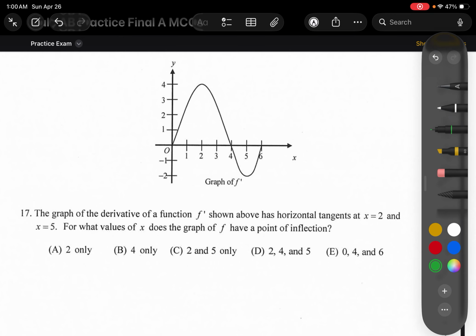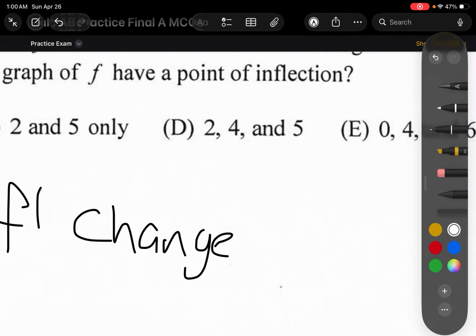We're given f prime, and it has horizontal tangents at 2 and 5. When does f have a point of inflection? So that basically means, when does f prime change sign? Not change sign, change concavity. Concavity is basically the fancy term for slope in second derivative language.